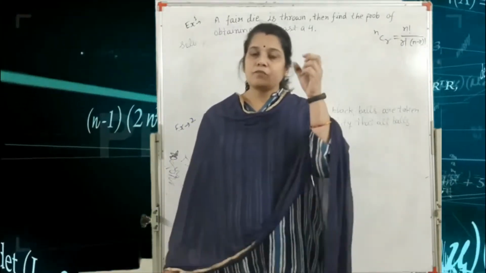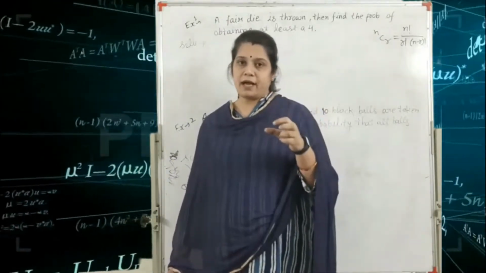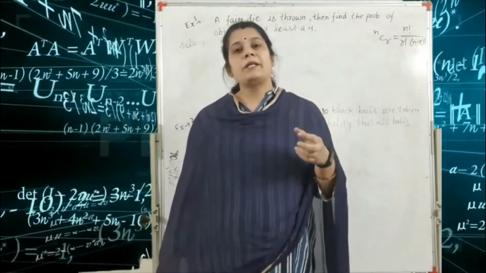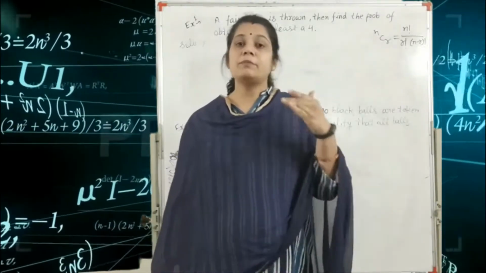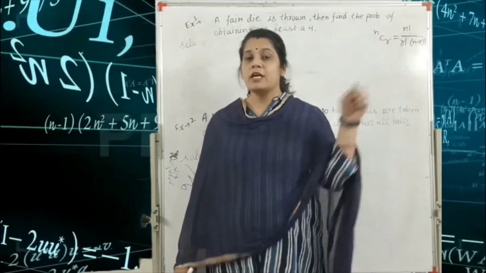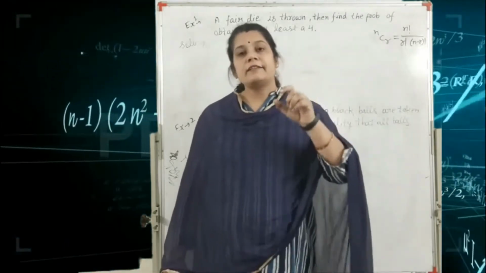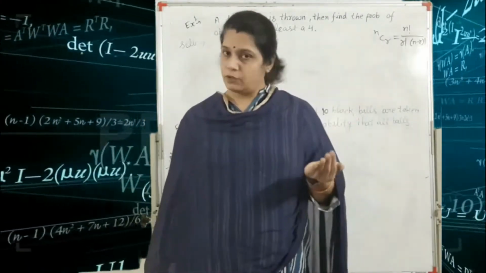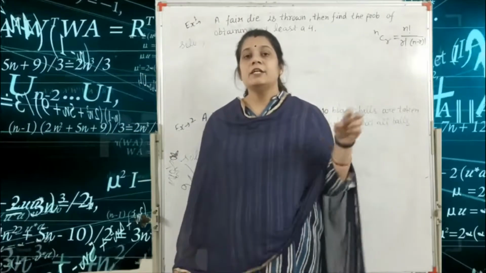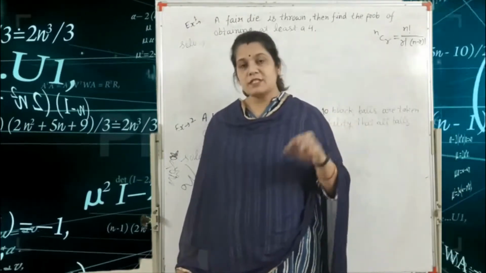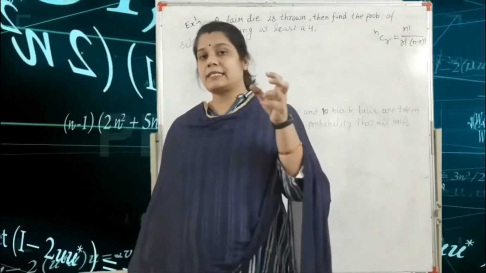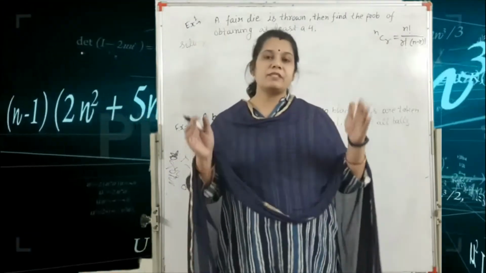So always keep in mind, the probability of A is: in the numerator we write the total favorable events, divided by the total possible outcomes, or the total exhaustive events.